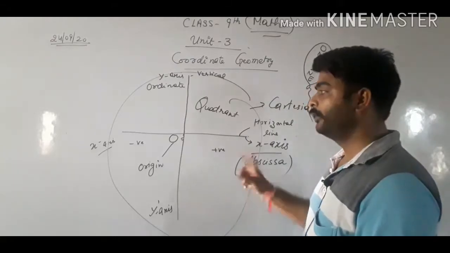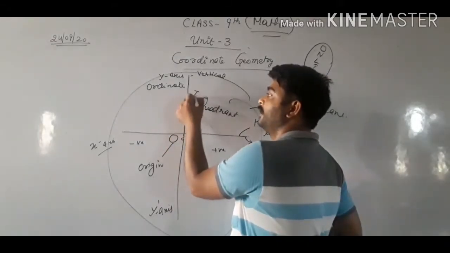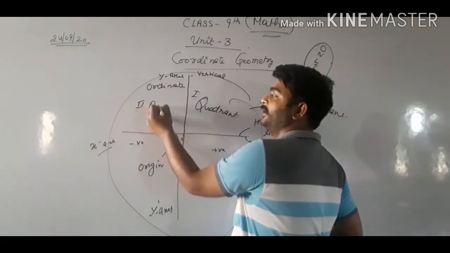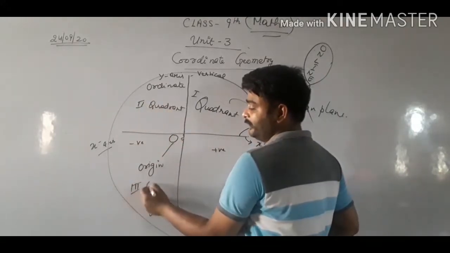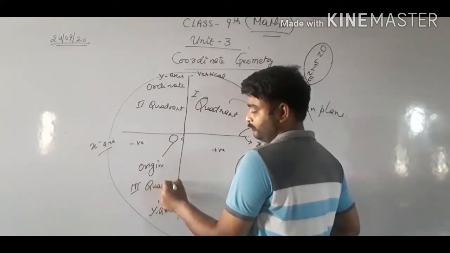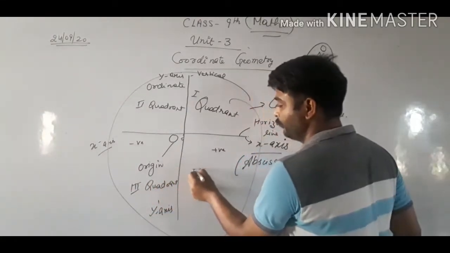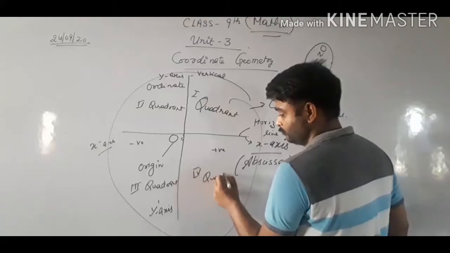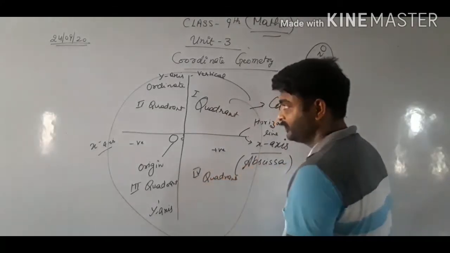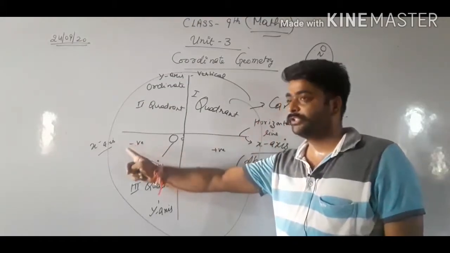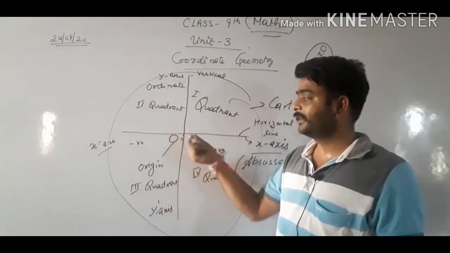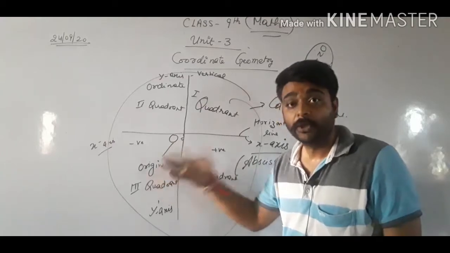This is the first quadrant, this is the second quadrant, this is the third quadrant, and this is the fourth quadrant. Any doubt till here, class? So what you have read: there are two lines, one horizontal, the other vertical. When they intersect at a point O, that point is known as the origin.